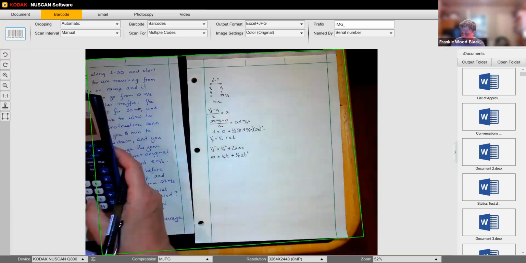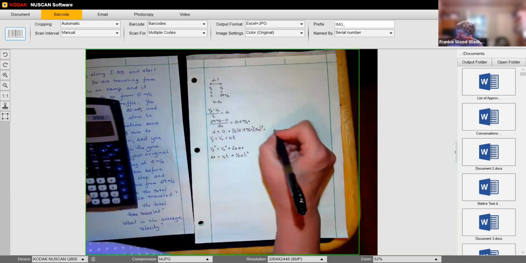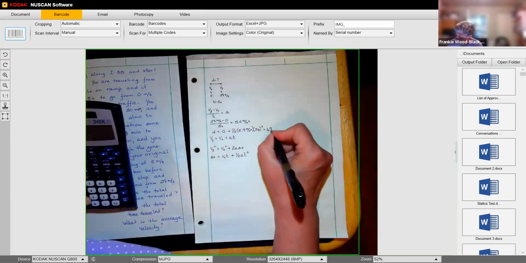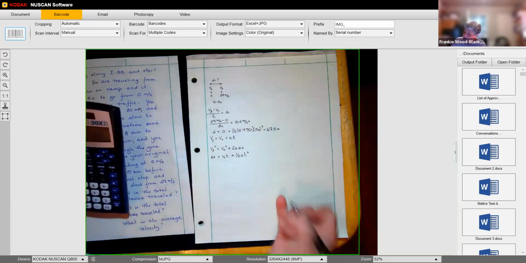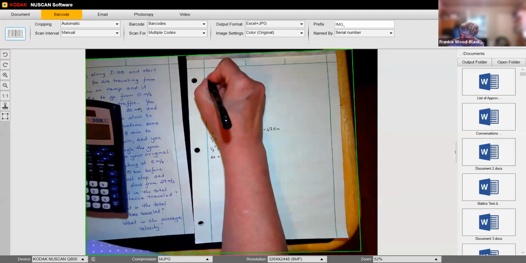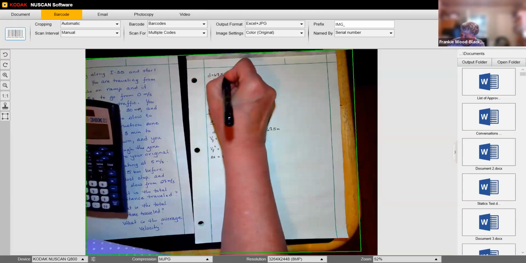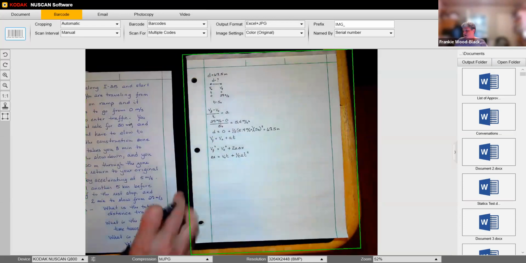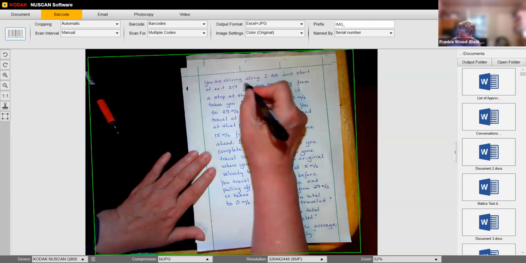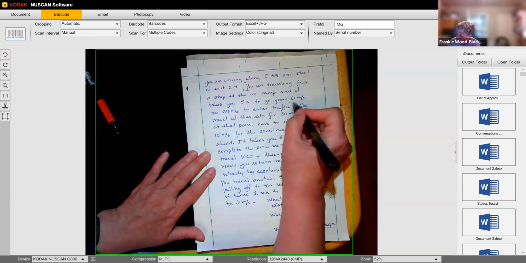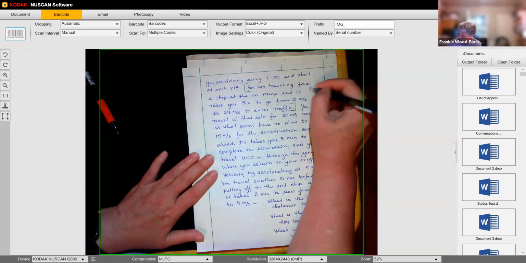So times 25 divided by 2. This gives me a distance of 67.5 meters. So I got my first part. So we took care of this. We know we're traveling. So we got that section of the problem done. So this is part 1.